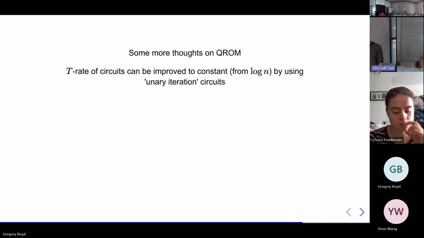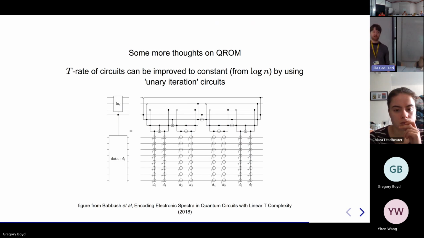The T rate of these circuits, up to this point, I've been assuming that there are log many T states per iteration. It turns out you can do some optimizations and reduce that to constant by using unary iteration circuits where you have those multi-controls, but you iterate between them, looking only at the bits that change.